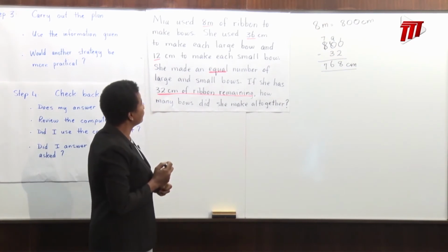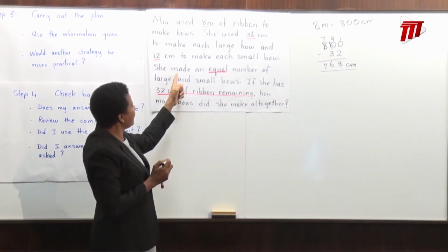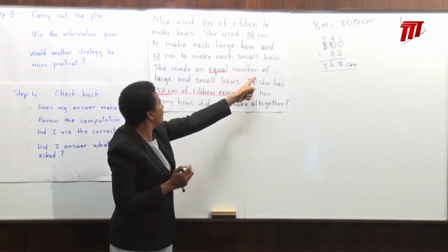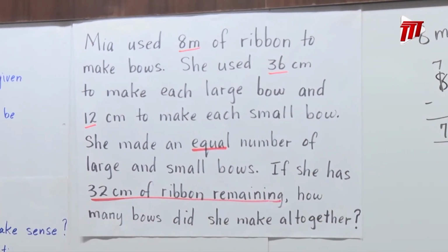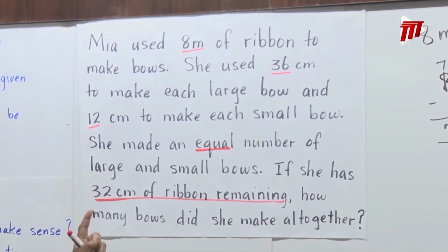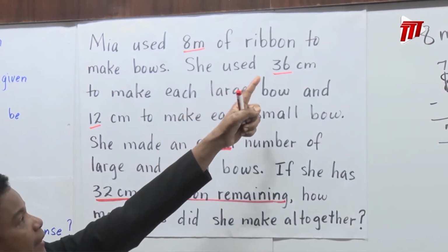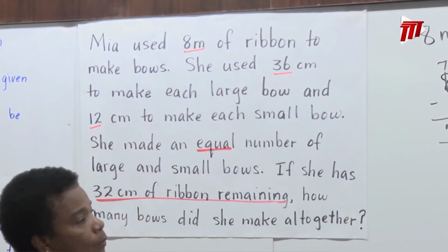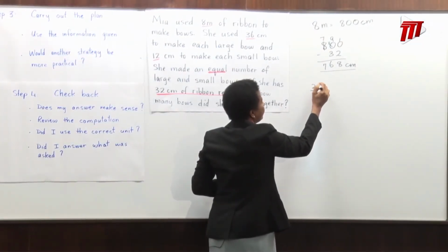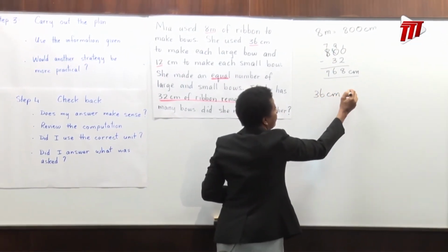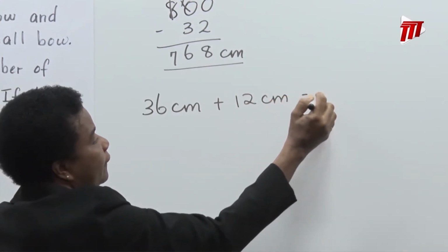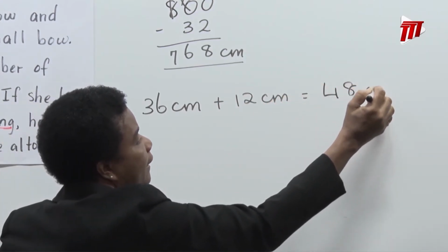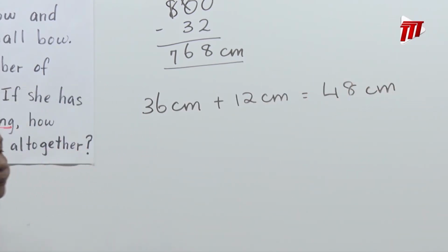What else? Keyword, she made an equal number of large and small bows. Therefore, every time Mia used ribbon to make a large and a small bow, she used 36 centimeters plus 12 centimeters, which gives us 48 centimeters of ribbon.